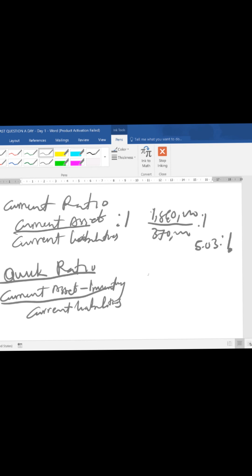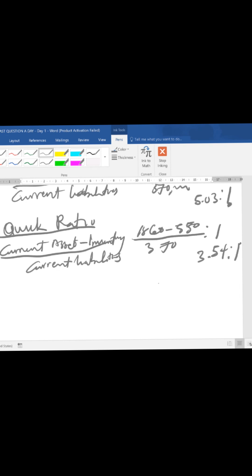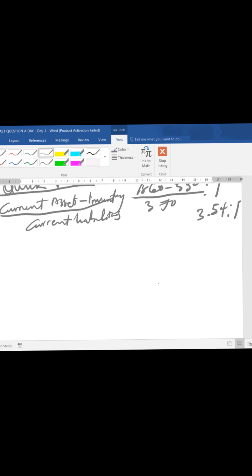So let me just write everything. 1860 minus 550 all over 370 is to 1. And we are getting 3.54 is to 1. So for every 1 cedi liability that we have, we have 3 cedi 54 pesewas to take care of it.